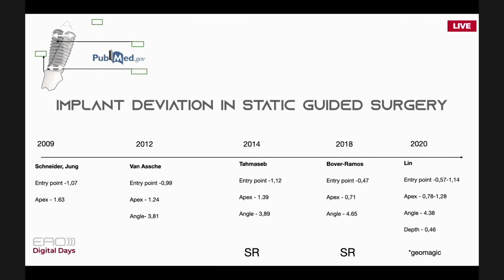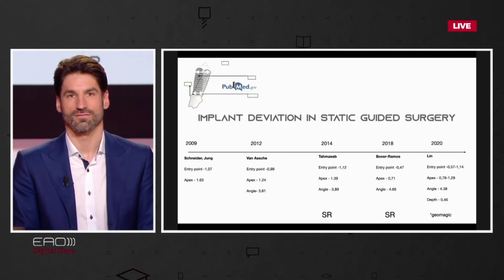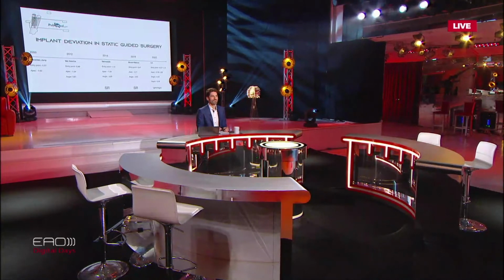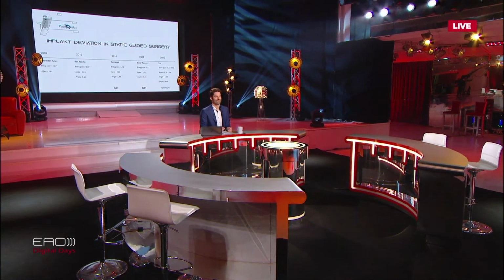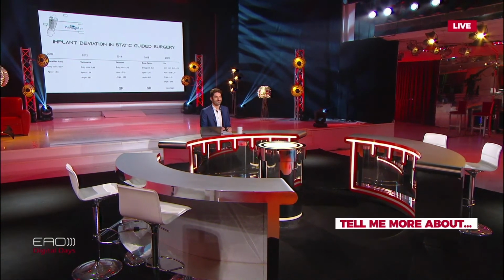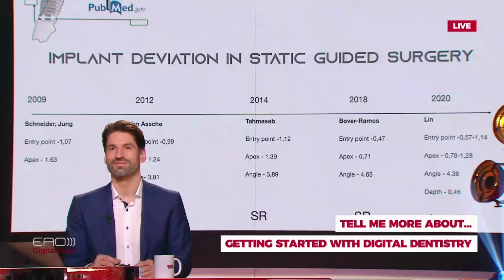The reality is that from 2009 to 2020, you can see in this slide that the error is still there. You have a deviation from what you plan to what you have in your mouth. Now, again, if your starting baseline point is what you plan, you have an error. But this is much far better than your freehand.